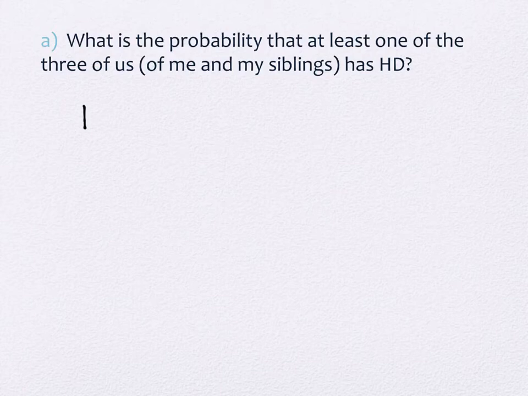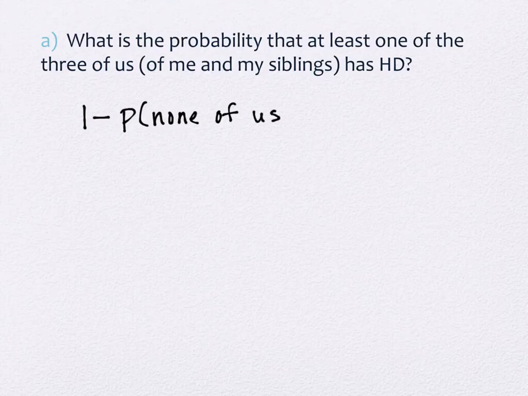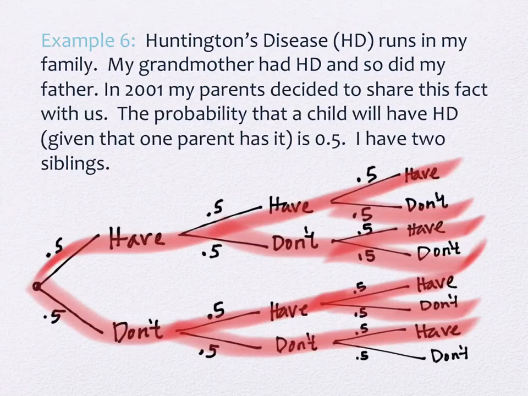We can take 1 minus the probability that none of us do. None of us has it. And that's my last branch. 1, 2, 3, none of us has it. And what would the probability along that branch be?